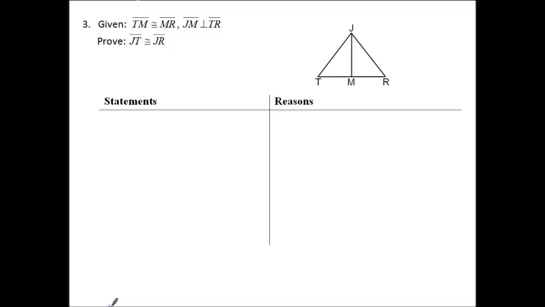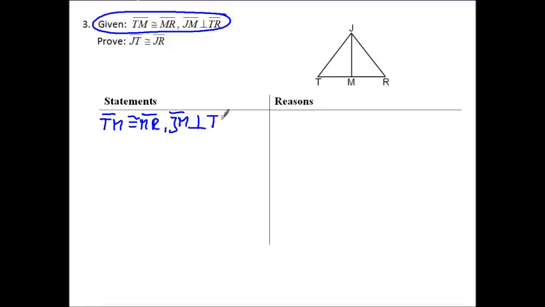Given that TM is congruent to MR and JM is perpendicular to TR. Yes, remember that sign that looks like an upside down T means those two lines are perpendicular. Now let's first fill out our statements. TM is congruent to MR and JM is perpendicular to TR, and that information was given.